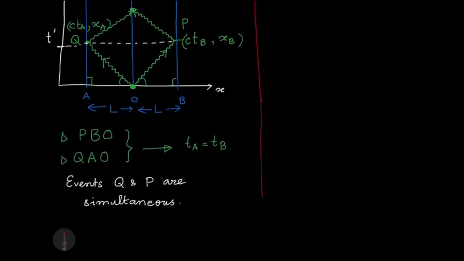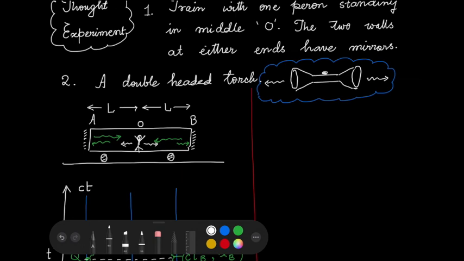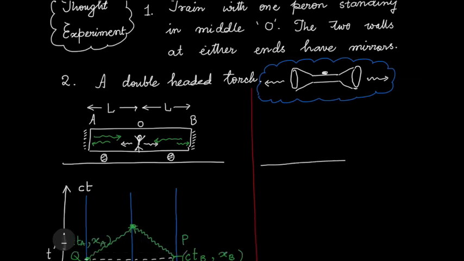Okay, so I make a divide here because on the other side we'll discuss a different inertial reference frame. This is a reference frame where this cart is moving with a velocity v in the positive x direction.